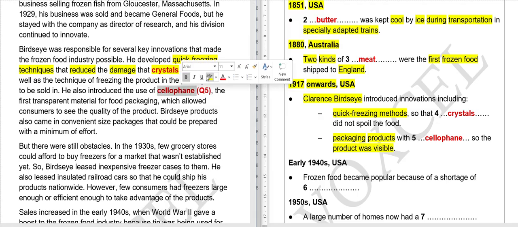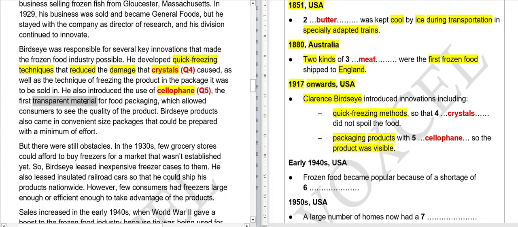You can see packaging products with something so that the product was visible. Again, as I told you, there should be something about transparent. So here they have said he also introduced the use of cellophane, the first transparent material for food packaging.